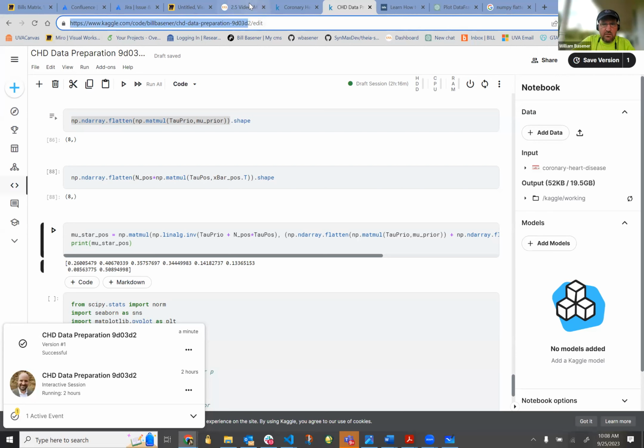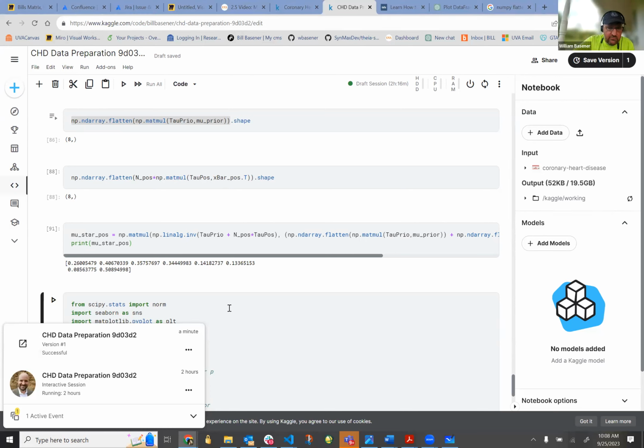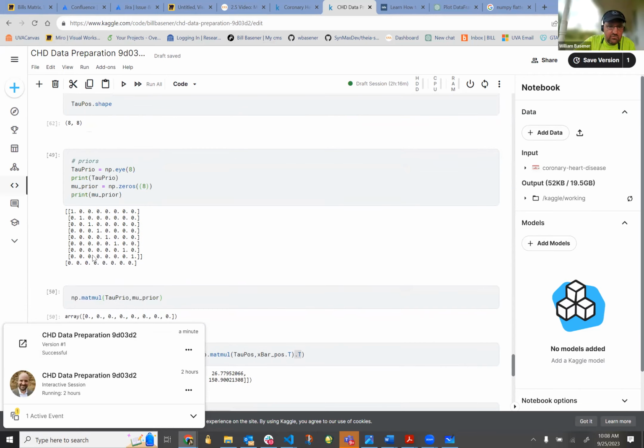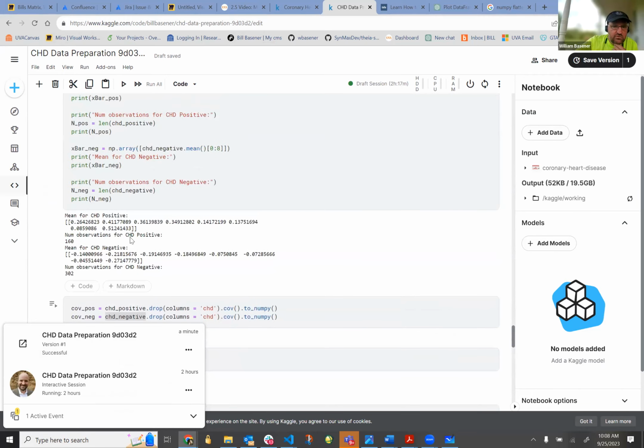And let's see, I'm going to share this notebook in Kaggle. Okay, and it ran, so you'll have a version that's run all the way through. So this is mu star positive. What you should do for the homework is compare that to the mean for the coronary heart disease data.